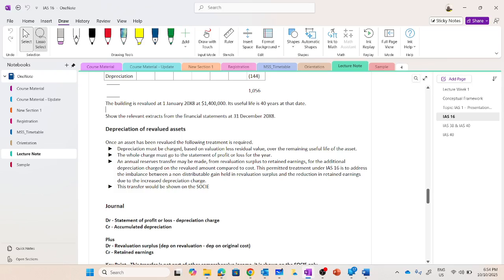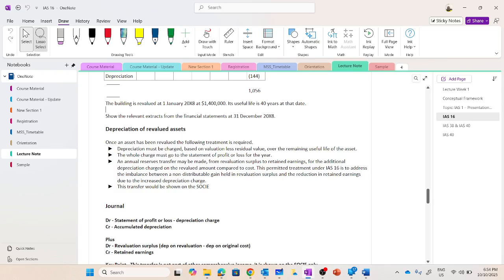The depreciation is 35. Before the revaluation, let's assume that our depreciation is 30. Now, based on the revaluation, our depreciation has increased from 30 to 35. So the excess depreciation of 5, we need to know how to account for it as an accountant. So this is what I'm going to tell you now.